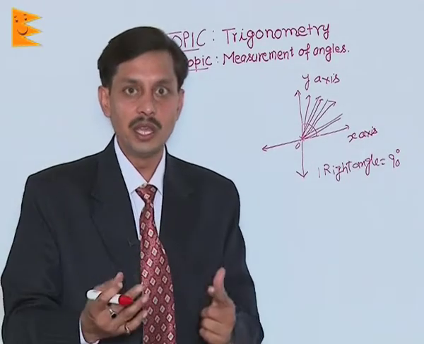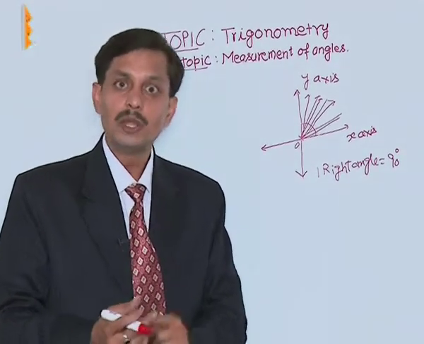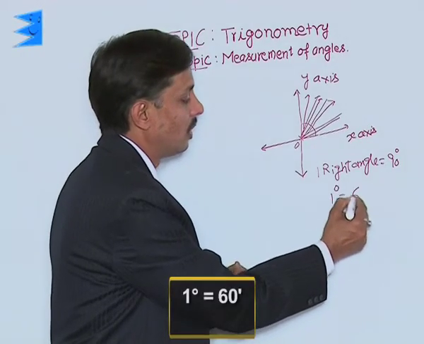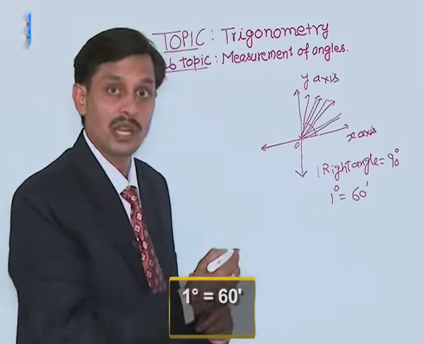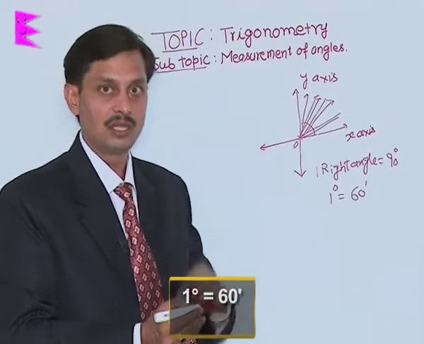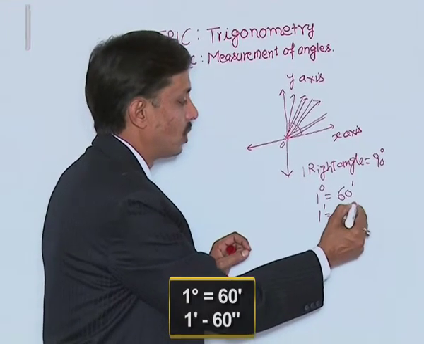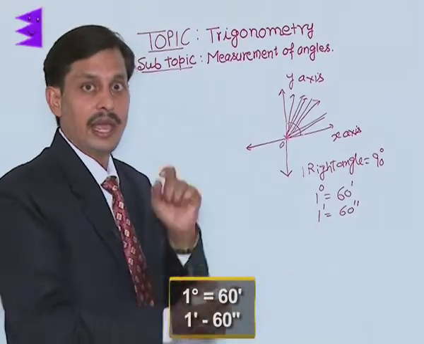If this 1 degree is again separated into 60 parts, then we say 1 degree is equal to 60 minutes. This is the symbol of minute, a single dash. And 1 minute is equal to 60 seconds.